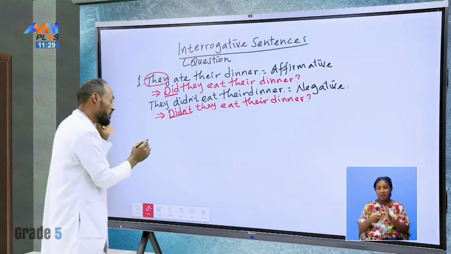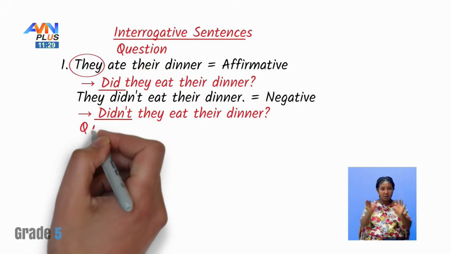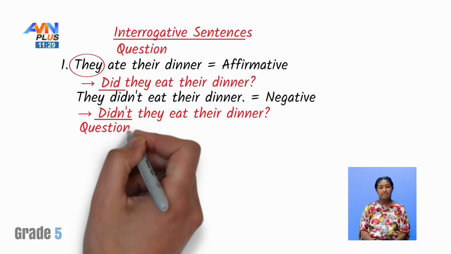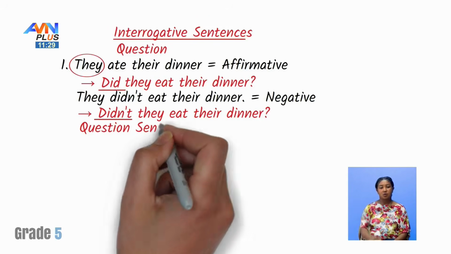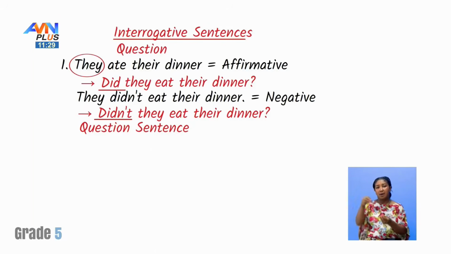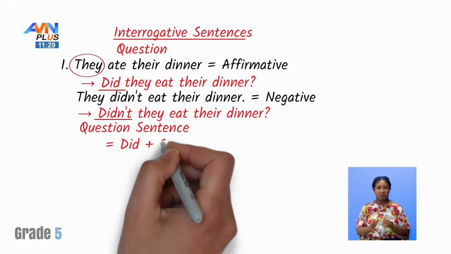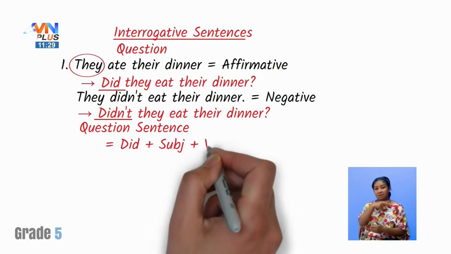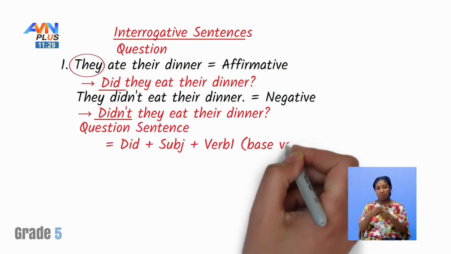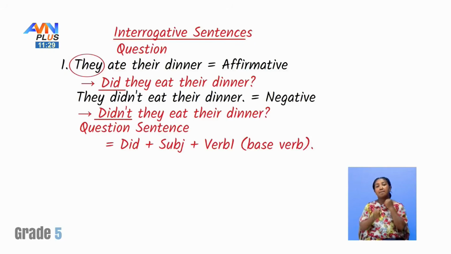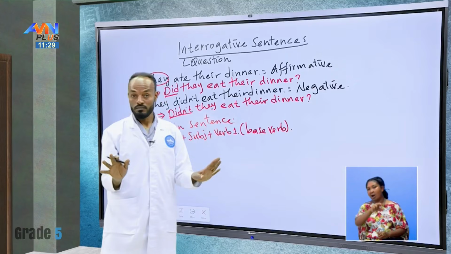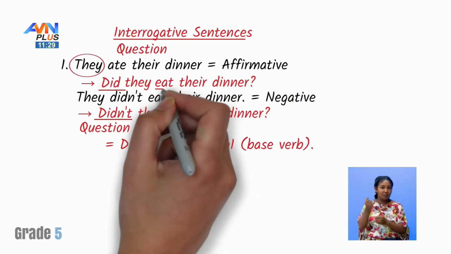So the form of a question sentence should be did plus subject plus verb 1 or base verb. Bear in mind, it should be base verb. Base verb means the verb without ed, d, s, and others, okay? So it should be base verb, just as we mentioned here.